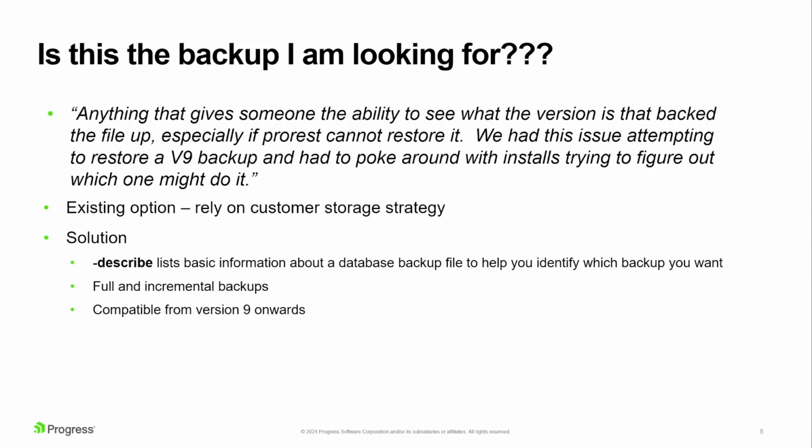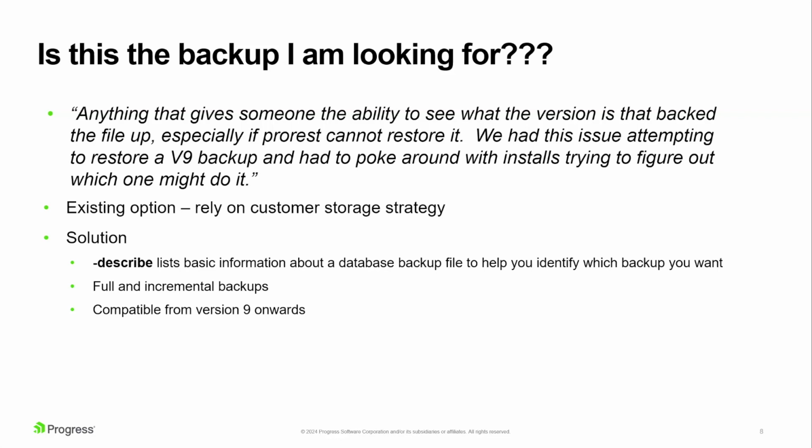The first enhancement is to make it easier for you to couple the backup file and the OpenEdge version together. This could be that you have a backup file and you're not sure which release it came from, so that you're frozen from restoring it. Or the other is that you have the specific release and you're looking for the backup file that matches it. This one originated in one of our online communities when a customer said, anything that gives someone the ability to see what the version is that backed the file up, especially if ProRestore can't restore it.